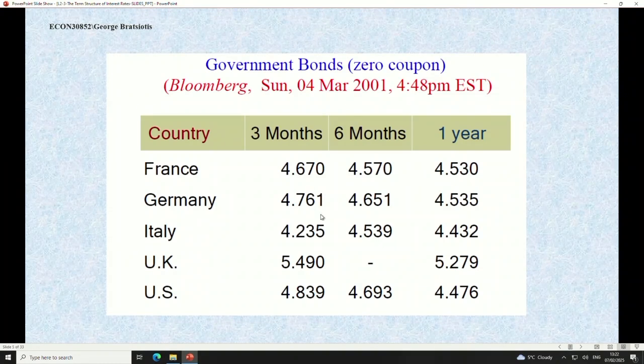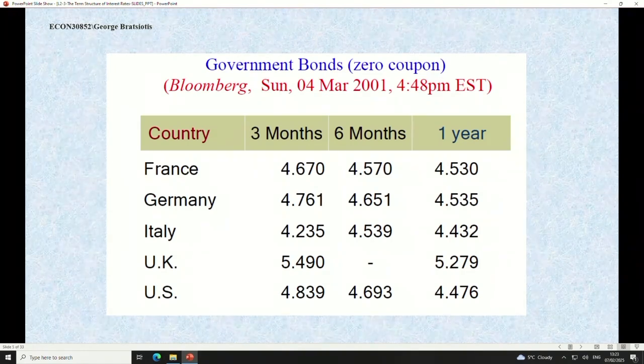The German one drops from 4.7 down to 4.5. The Italian one is coming from below, and it stabilizes around 4.5, though I don't know why it's 4.4 here. It's just below the 4.5 mark. And then you've got the UK, where we don't have the whole picture. And then the US is around 4.47.